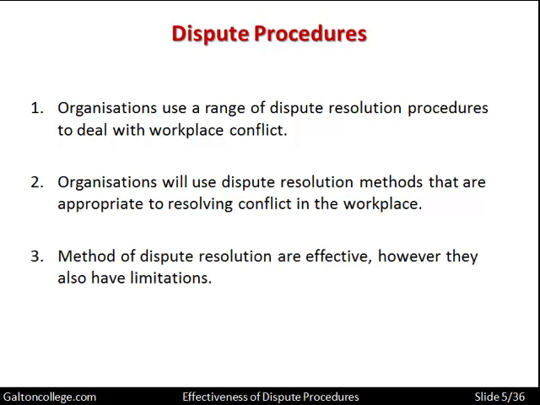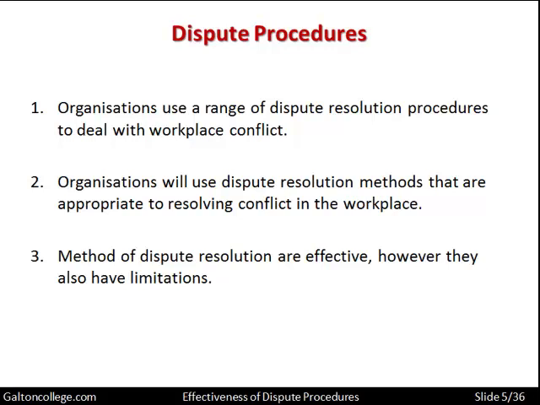The methods of dispute resolution are effective, however, they also have limitations. Generally speaking, we can say that dispute resolution techniques are effective because companies exist, companies continue over time.